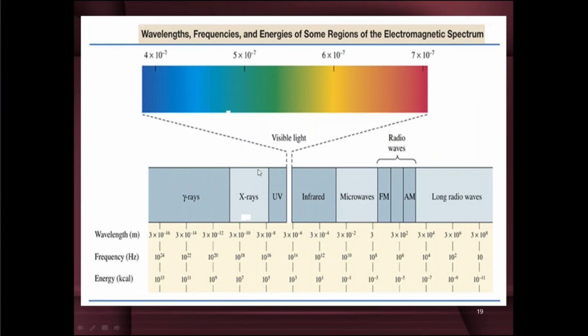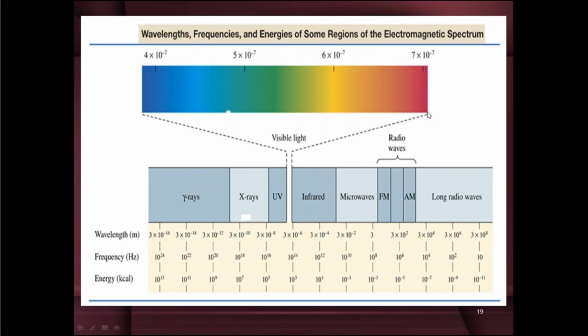So good morning, students. We will be starting from where we left off last class. We had discussed electromagnetic radiation and the study of interaction of electromagnetic radiation with matter, which comprises spectroscopy.